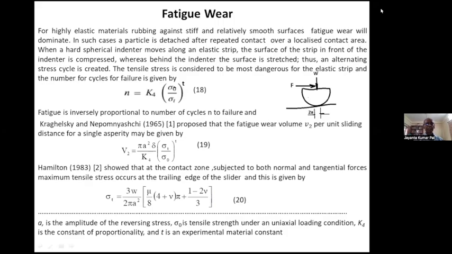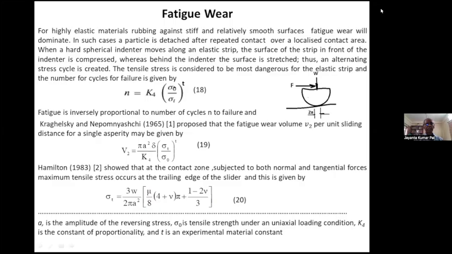Now, fatigue wear for polymers is usually seen for elastic polymer, highly elastic materials which rub against stiff and relatively smooth surfaces. Fatigue will be dominating under such circumstances.